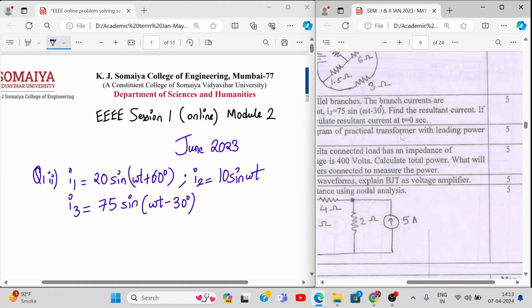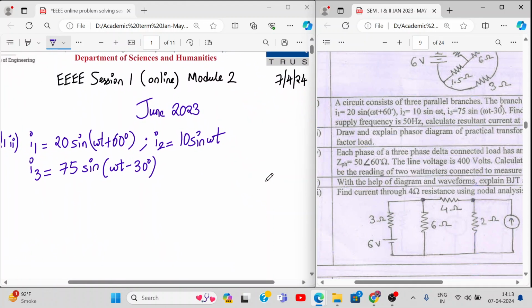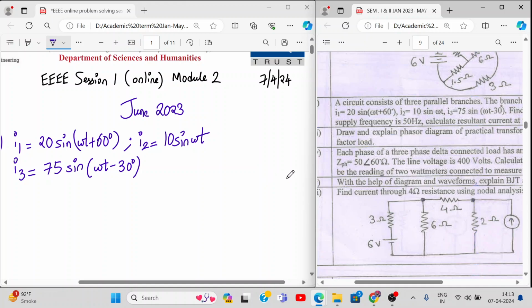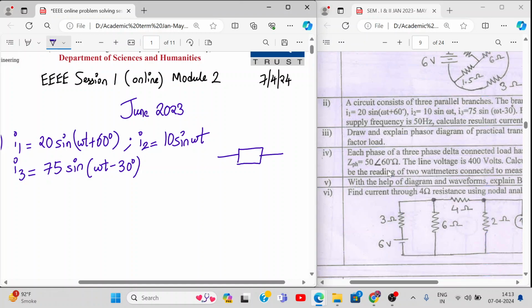The circuit consists of three parallel branches, and you have been supplied with a supply frequency of 50 hertz.